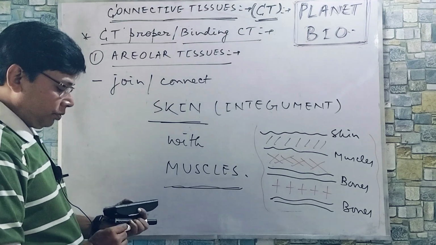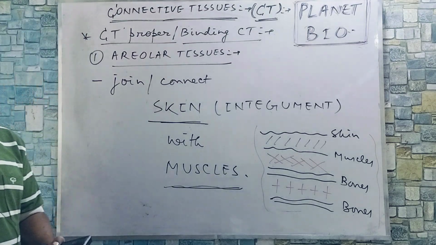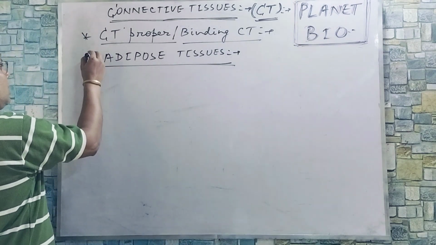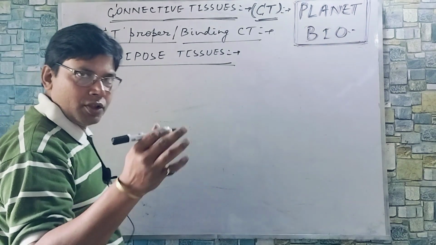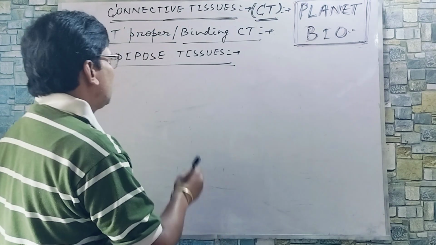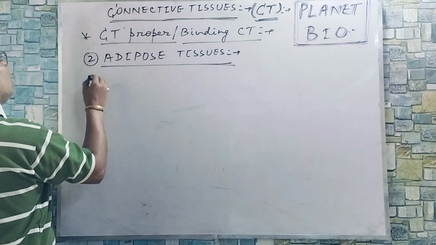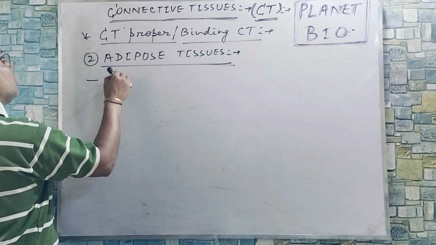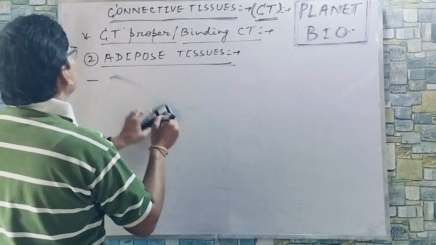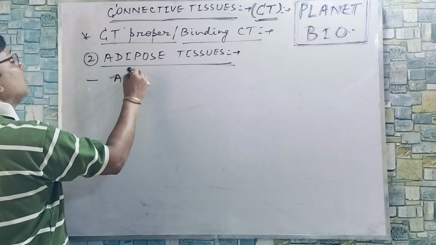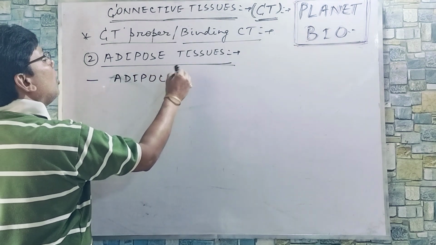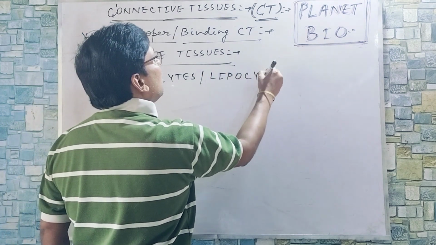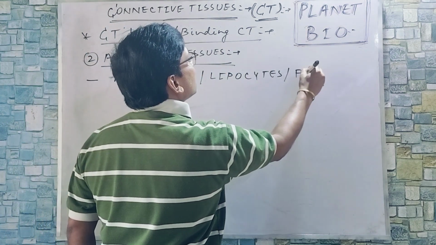Now, next. The second type of connective tissue proper is adipose tissue. What are adipose tissues? First point, it contains adipocytes or lipocytes or fat cells.